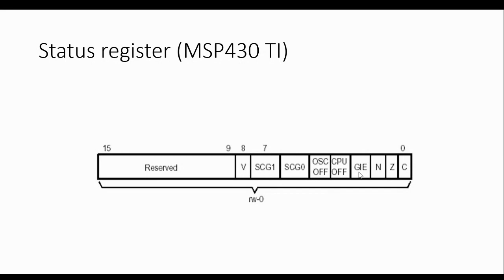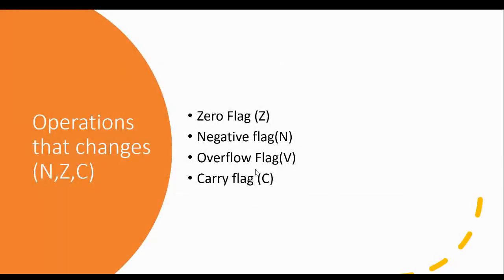As you can see, there are a lot of reserved bits here. We are not going to discuss at this moment what these reserved bits are. We're just going to focus on the few bits that are important to us. The topic of discussion today is in these few flags. We call it a flag or a bit. These flags are important. Programmers can check the status of these flags and determine something about the calculation they have done.